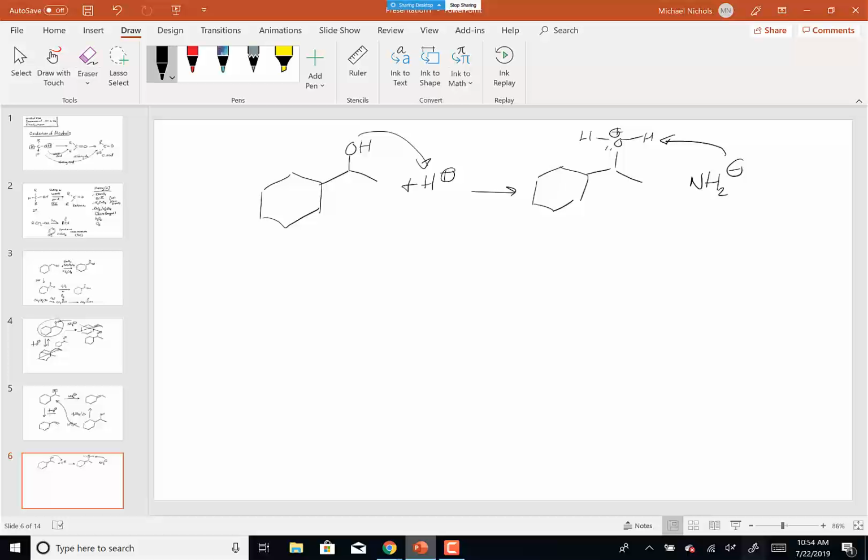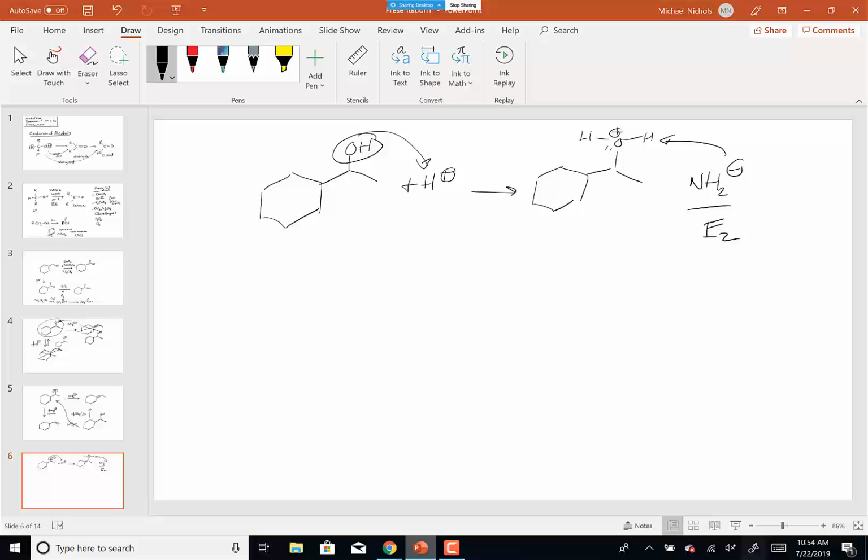Because the way we've been making OH leave is by using acid. If I dump acid in there and then I put in my basic reagent, all I'm going to do is deprotonate. I'm not ever going to actually substitute, and I'm not actually going to do E2. Because remember, this does E2. So we can't have any acids in the reaction. So then we just say, great, turn this OH into a chloride and then do your reactions.